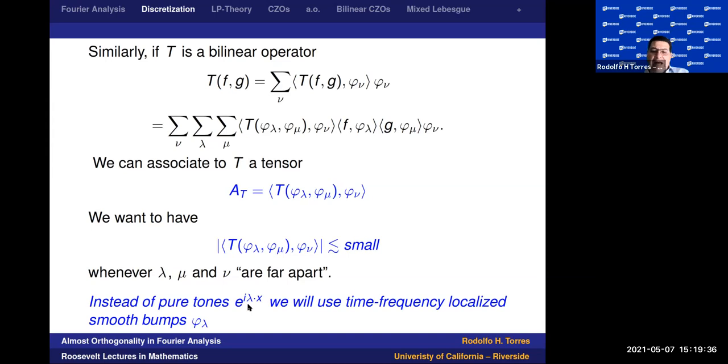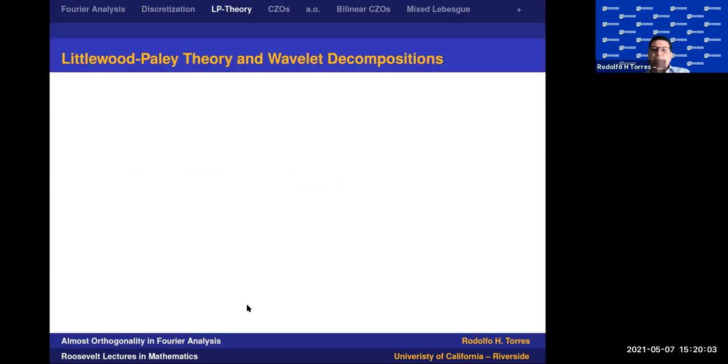They cannot be perfectly localizable. Unlike these functions, which are perfectly localized in terms of frequency, having only one frequency lambda, but are of course spread. Think of this as really sine and cosine, the real and imaginary parts. They are spread all over the real line. So these functions phi are going to be of short duration, and they're going to have only a small interval of frequencies.